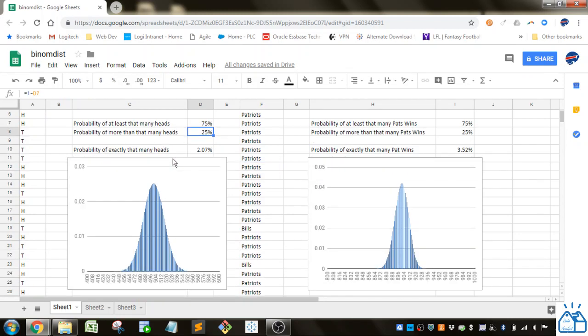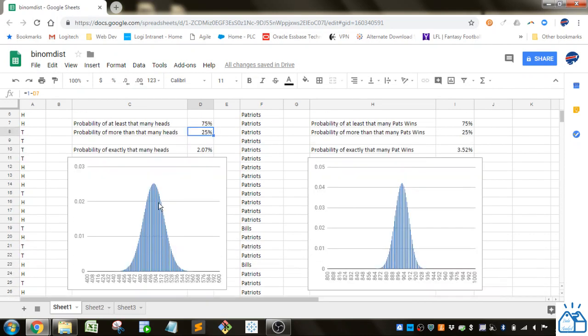What that represents in the graph below, you'll see I have from 400 to 600, is the number of heads you could get in 1,000 simulations, and the percent of time that you'll get that many heads.